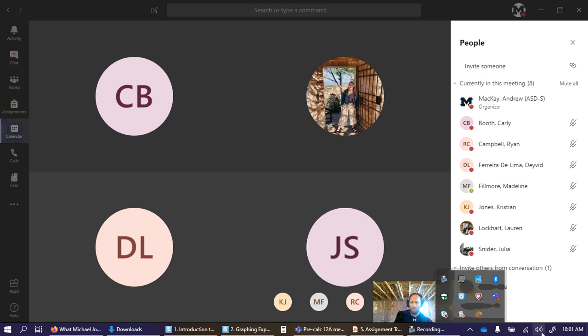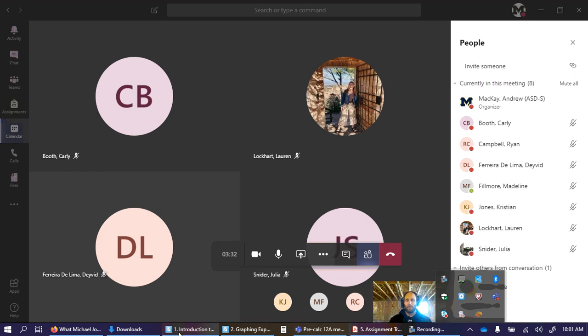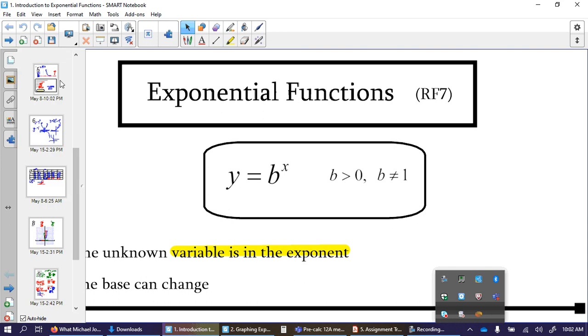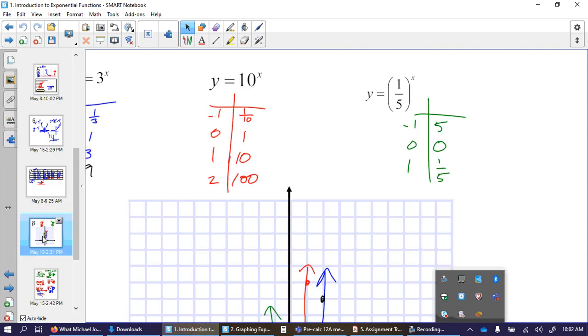So you should start to see things start to come through a little bit more. On Friday, we looked at exponential functions more precisely, like actually graphing them.